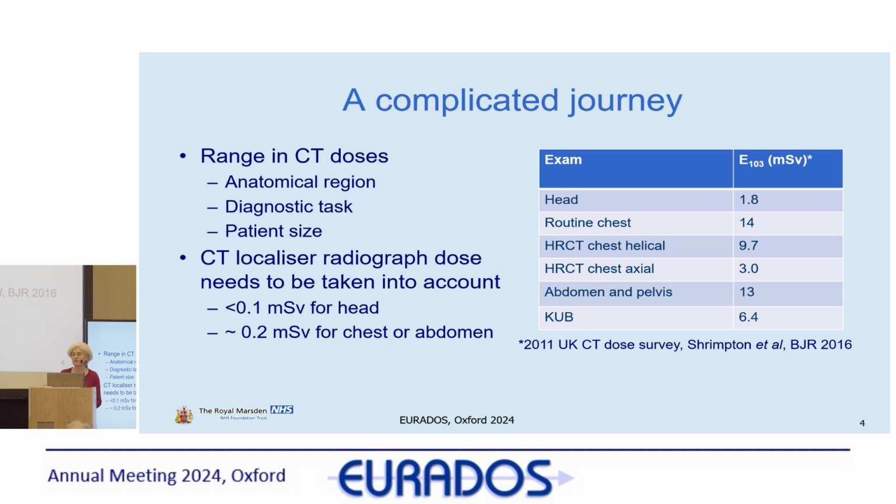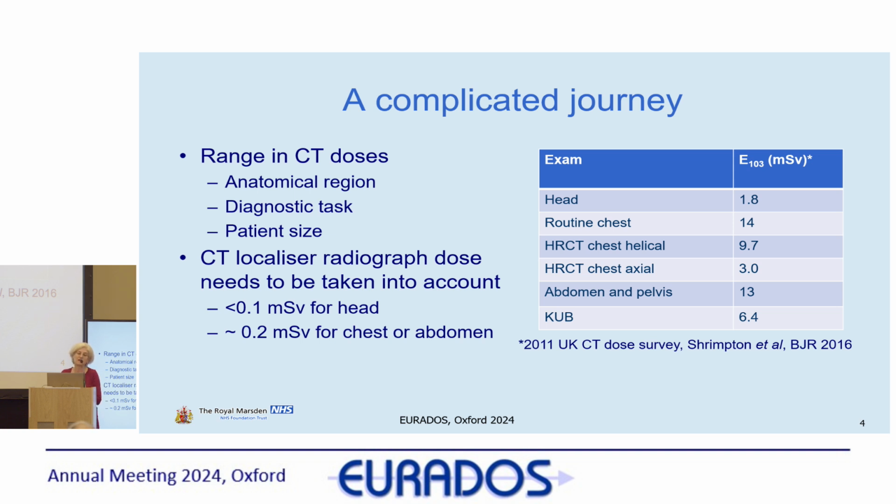And then similarly for the abdomen, we've got a standard abdomen and pelvis delivering a dose of 13 millisieverts, but for the kidneys, ureter, and bladder, that could be halved. Then the thing that this table will not show you is that we use different doses for different sized patients, very specifically for children compared to adults.